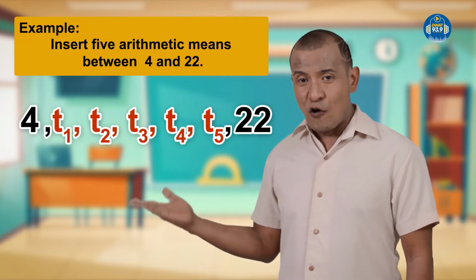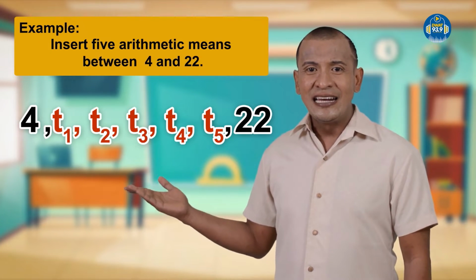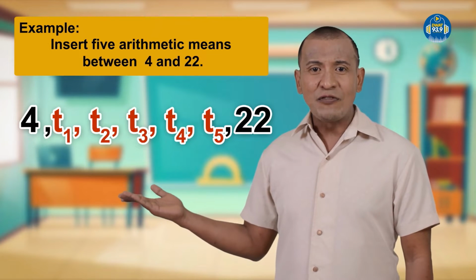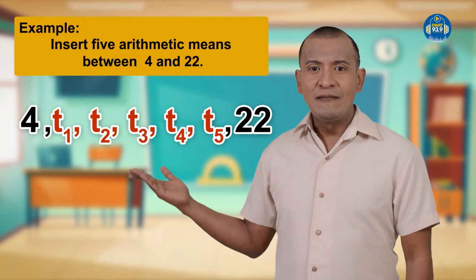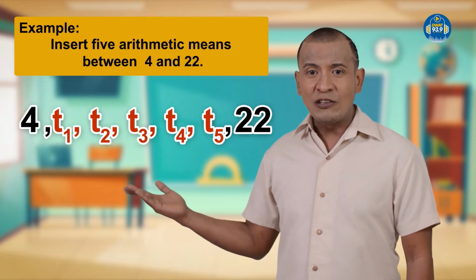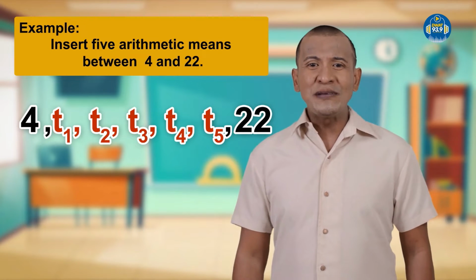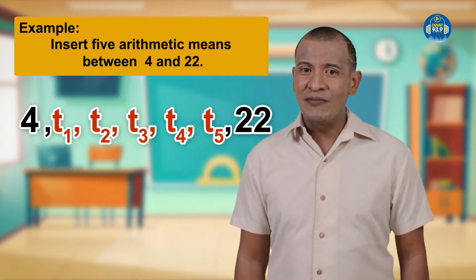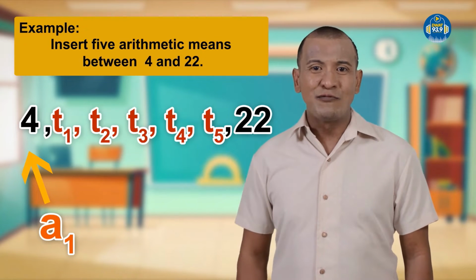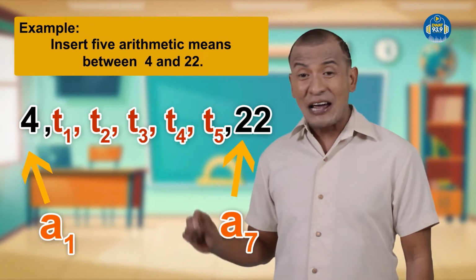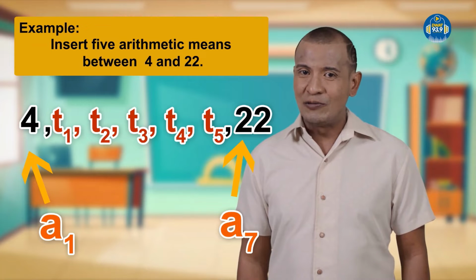Thus, 4, t sub 1, t sub 2, t sub 3, t sub 4, t sub 5, and 22 form an arithmetic sequence with the first term a sub 1 equals 4 and a sub 7 equals 22.